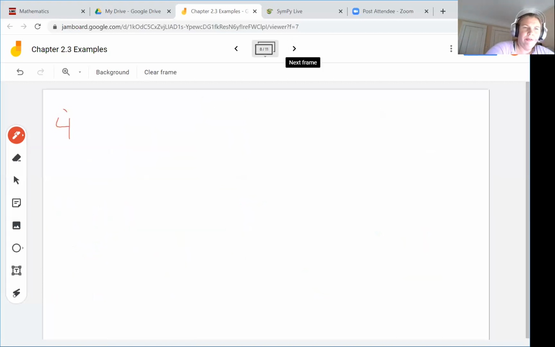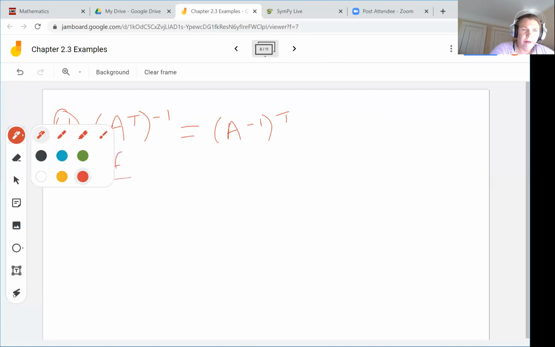And now let's prove this fourth property. The fourth property says A transpose inverse equals A inverse transpose. All right, so we are going to check to see if we take A transpose, here's our proof. We take A transpose and multiply it by A inverse transpose.